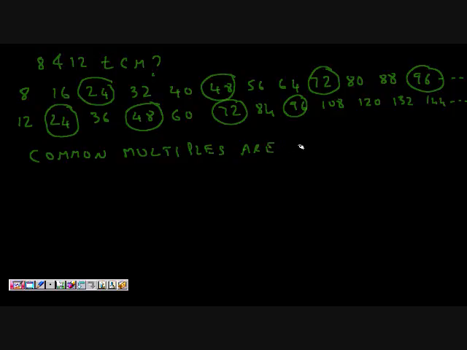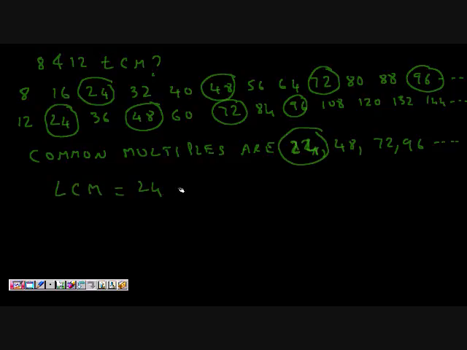Now the least of these common multiples is 24. So the LCM, or least common multiple, of 8 and 12 is 24.